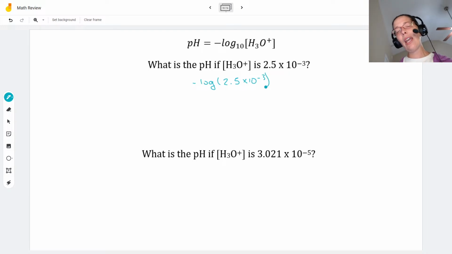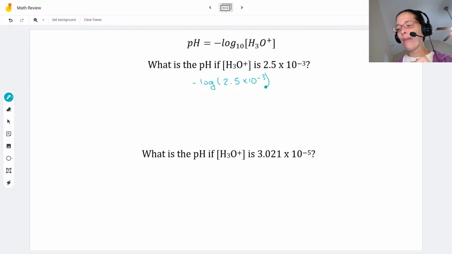Now, if you're really careful with your parentheses, you can use the times 10 caret negative 3. But what I have found is students don't consistently use the parentheses correctly, because you have to be so picky with these parentheses. And also, I like to save keystrokes.